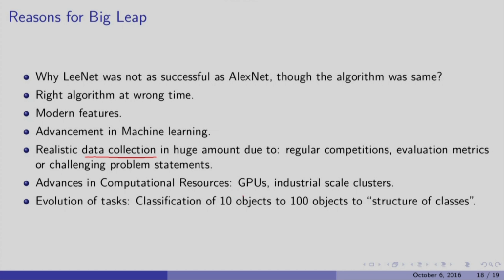We already mentioned this, but advances in computational resources cannot be undermined: GPUs and industrial scale clusters. Of course, tasks have also become more challenging. The number of classes has increased, and we also started looking at class spaces that have structure, an example being sequence prediction.